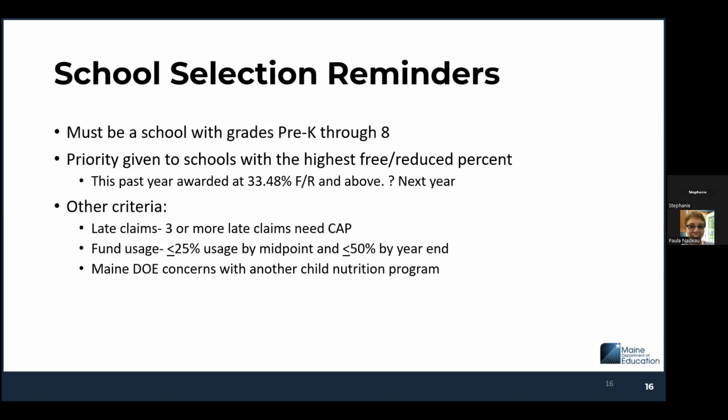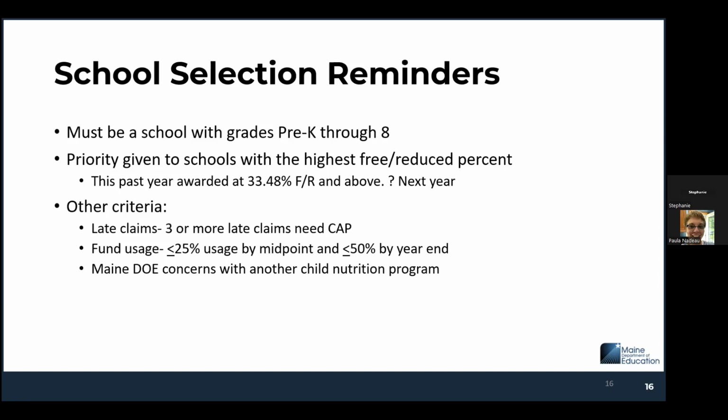And we're also required to do targeted outreach to schools with 50% or more free and reduced. So some of you likely received that email from me from a couple months ago, because this is an annual requirement that we have to do. And other criteria that's used in the awards process, I just wanted to include it here.